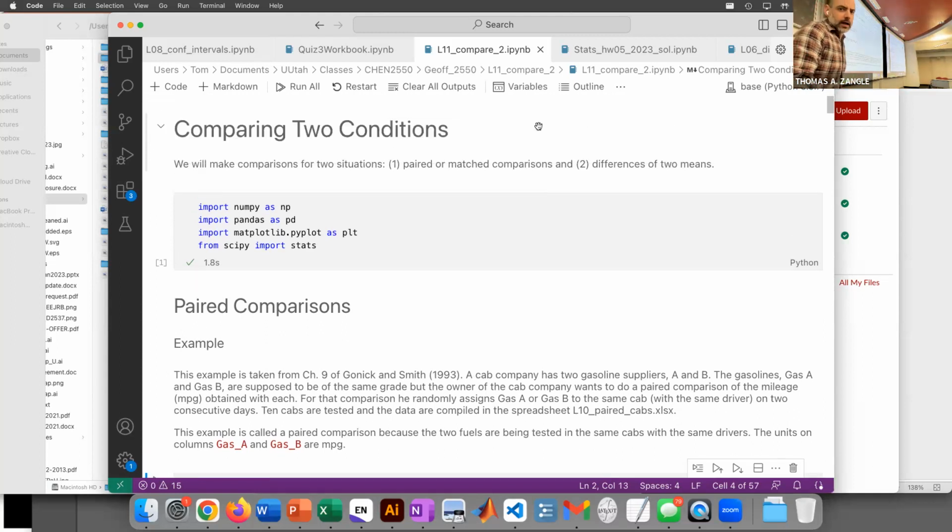All right, so it is often the case that we want to make a comparison between two different situations. So we have two sets of experiments, and we want to know, are the results the same or not? So that's what we're going to be looking at today. In general, we're going to look at two different situations when we're trying to make a comparison. The first is when we have what we call a paired or matched comparison.